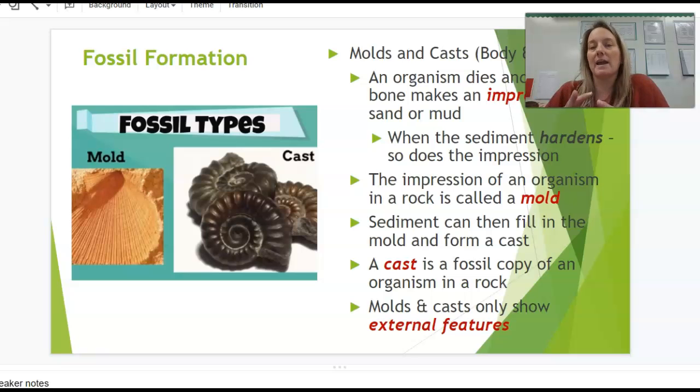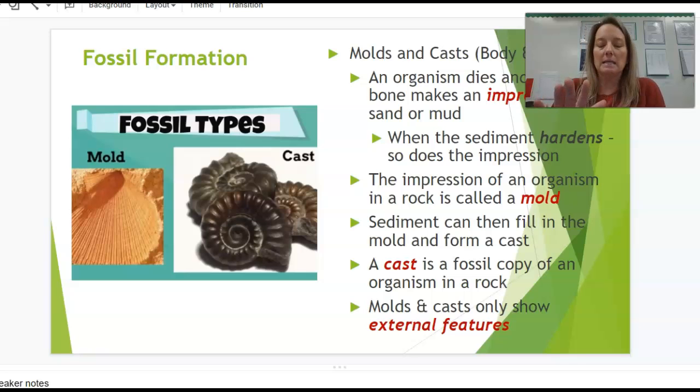Next one, molds and casts. Okay, these can be body and trace fossils. All right. When an organism dies and its shell or bone makes an impression in the sand or mud, that's when you get molds or casts. If you look at the pictures there, a shell lays in some mud.